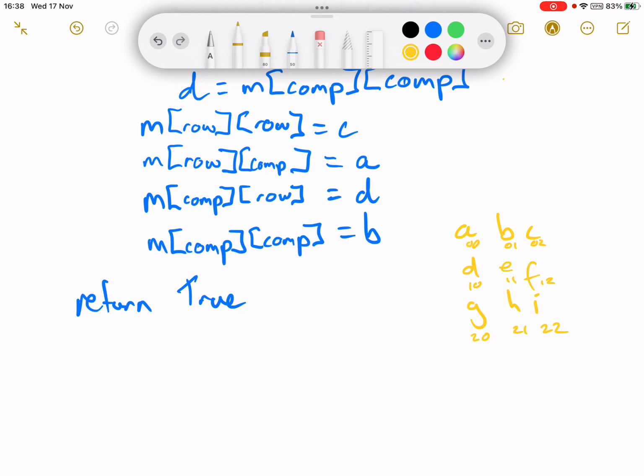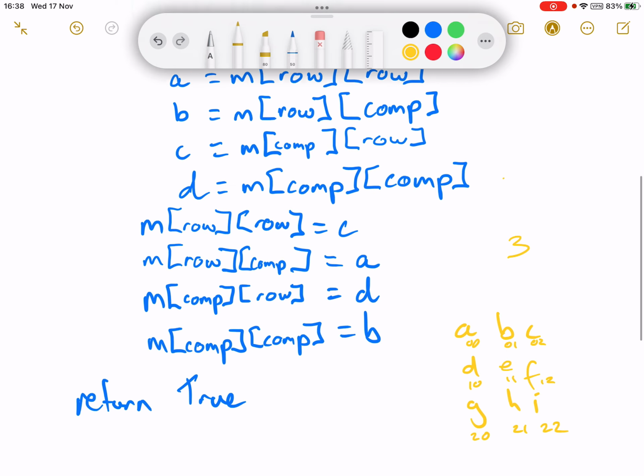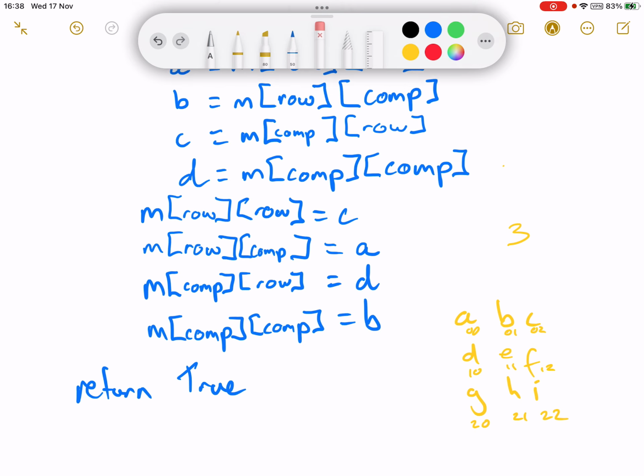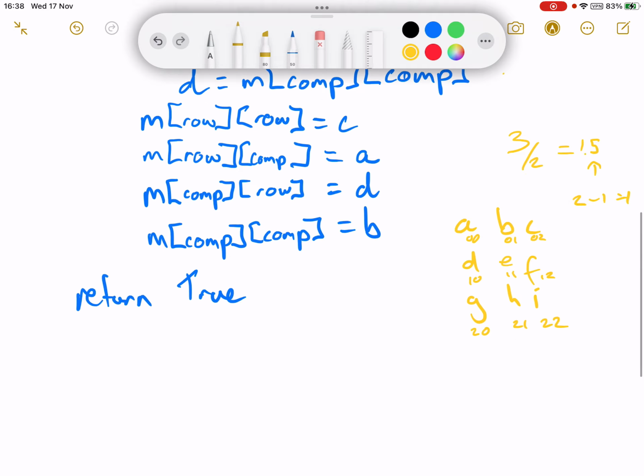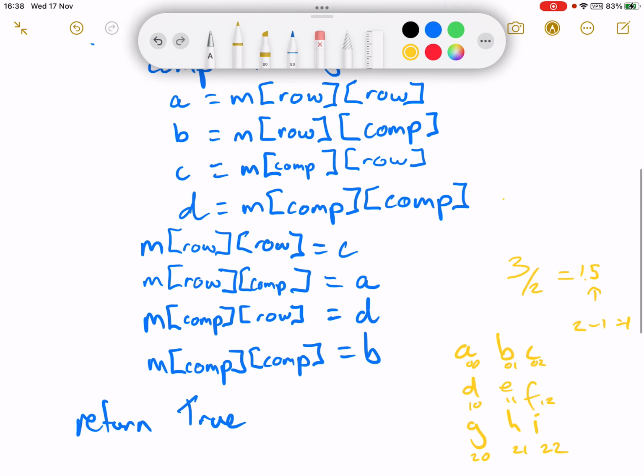So the midpoint is 3 divided by 2. 3 over 2 is 1.5, which bumps up to 2, minus 1 is equal to 1. It's our midpoint.